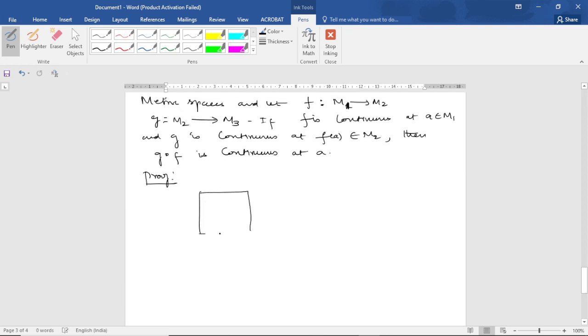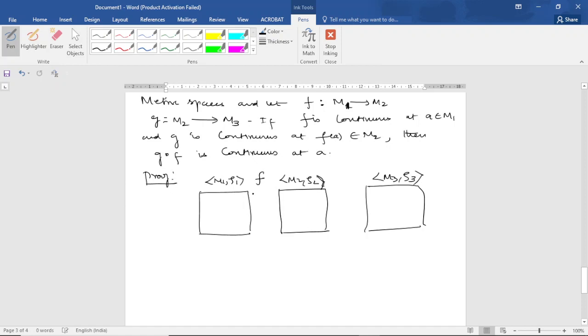Now here, instead of three real lines, we consider three metric spaces, that's all. With three different metrics. This is m1 comma rho 1, this is m2 comma rho 2, and this is m3 comma rho 3. And for the sake of simplicity, we say that f is a function from m1 to m2 and g is a function from m2 to m3.